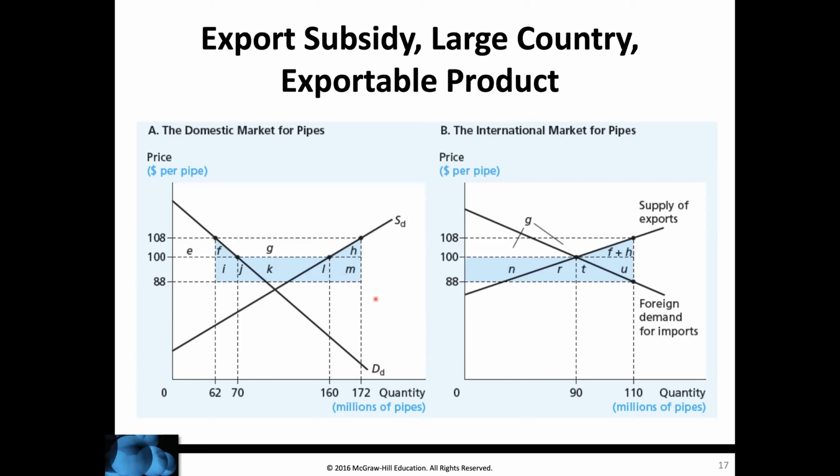The inefficiency created for the world is area F, H, and U over here. So it makes not only the exporting large country worse off significantly, but also harms the world as well.